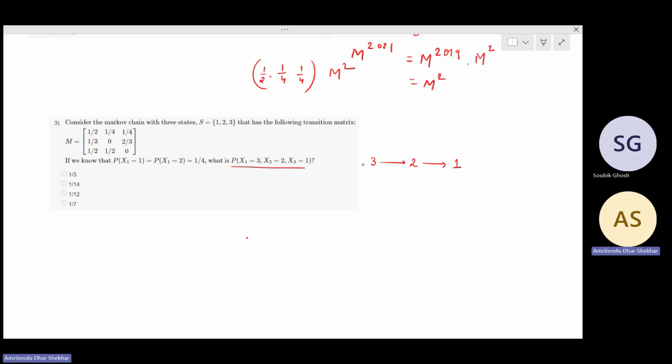So this is equal to the probability of x1 equals 3 times the transition probability from 3 to 2 and then from 2 to 1. So that is equal to m32 times m21. The probability of x1 equals 3 is equal to half, because x1 equals 1 and x1 equals 2 are both 1 by 4.